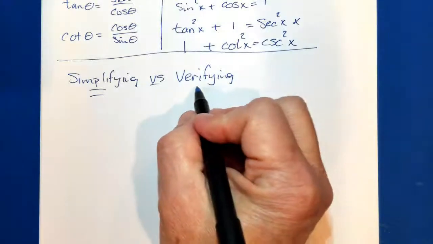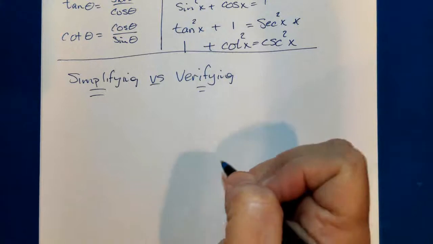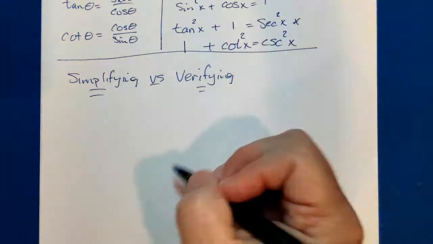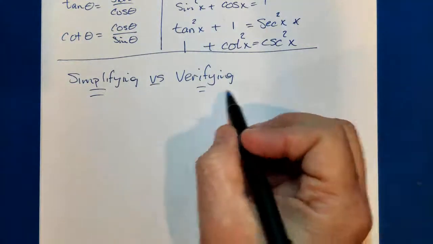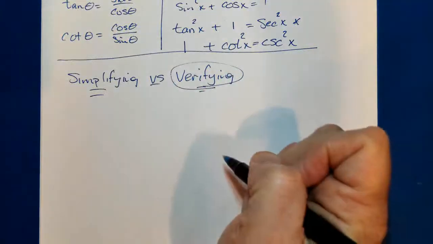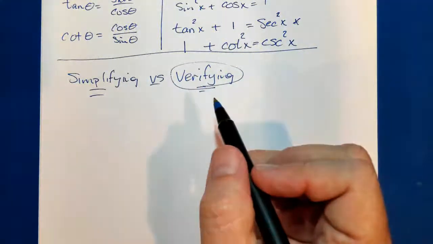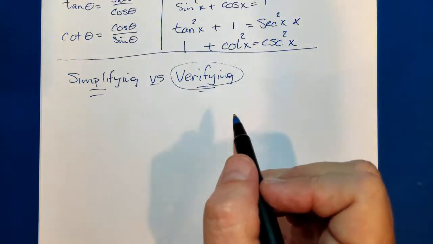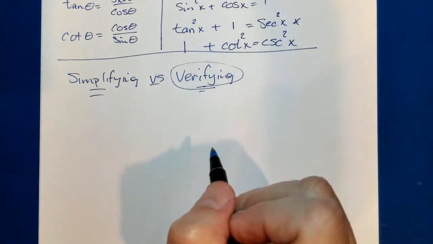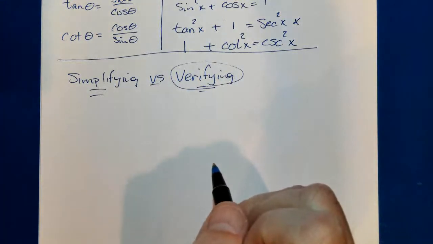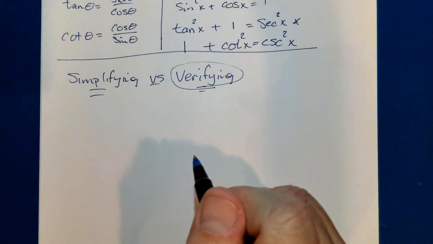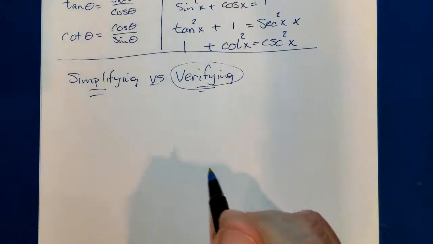Okay, verifying, we know what the answer is supposed to be. We're just trying to work each side in order to get there. Today our focus is on verifying. Simplifying, just simplify. There can be many, many different answers. Verifying today, we know what the answer is supposed to be. So let's go ahead and see if we can get there.